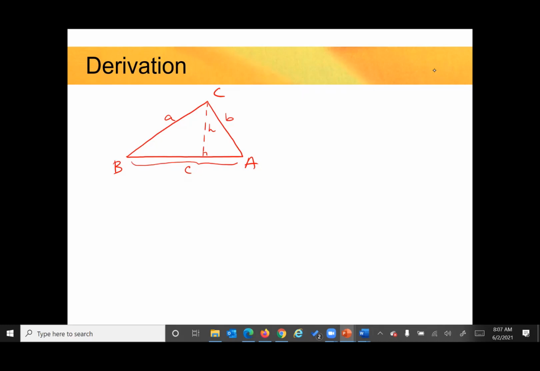So first things first, let's see. Give me a cosine of A. What would that be? Well, it'd be some portion of c over b, right? I tend to think so. So now we have to put it together to see what happens here.